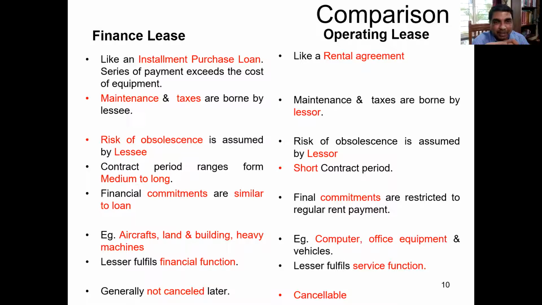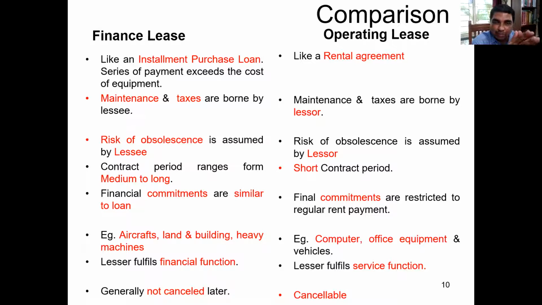In the case of a finance lease, maintenance and taxes are borne by the lessee. In an operating lease, they are borne by the lessor. Risk of obsolescence is assumed by the lessee in a finance lease, and by the lessor in an operating lease. Contract period ranges from medium term to long term in a finance lease.